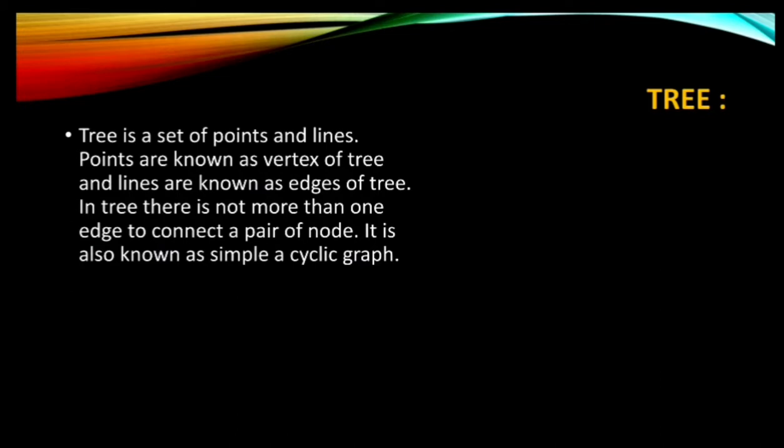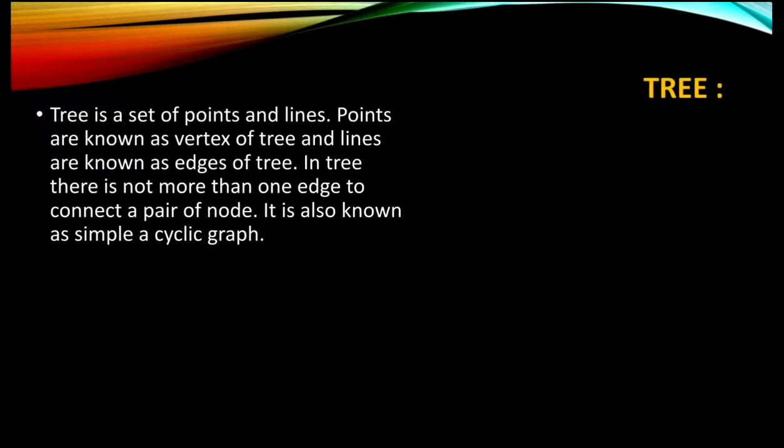A tree is a combination of a set of points and lines, where the points are known as vertices of the tree and the lines are known as edges of the tree. In a tree there is not more than one edge to connect a pair of nodes. It is also known as a simple acyclic graph.